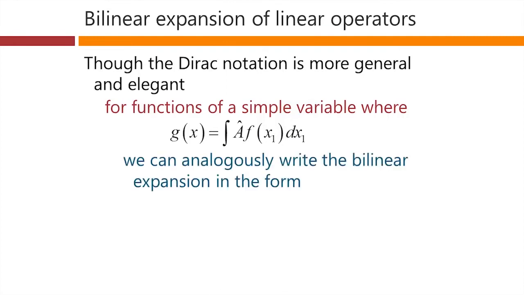And then we can analogously write the bilinear expansion in this form, in which case we'd be saying that the operator A was the sum over i and j of aij times the product of these two functions, psi i of x and psi j of x1. And we need to make that distinction, the x1 here. We can take this whole expression and substitute it in here, and of course we'll get the right answer if we do that.